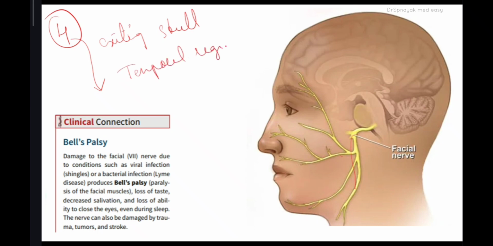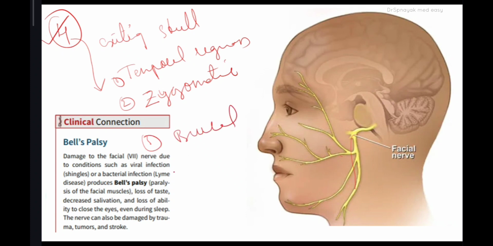Number one, the temporal region. Second is the zygomatic branch. The third one is the buccal branch. The fourth one is the mandibular branch, and the fifth one is the cervical branch.